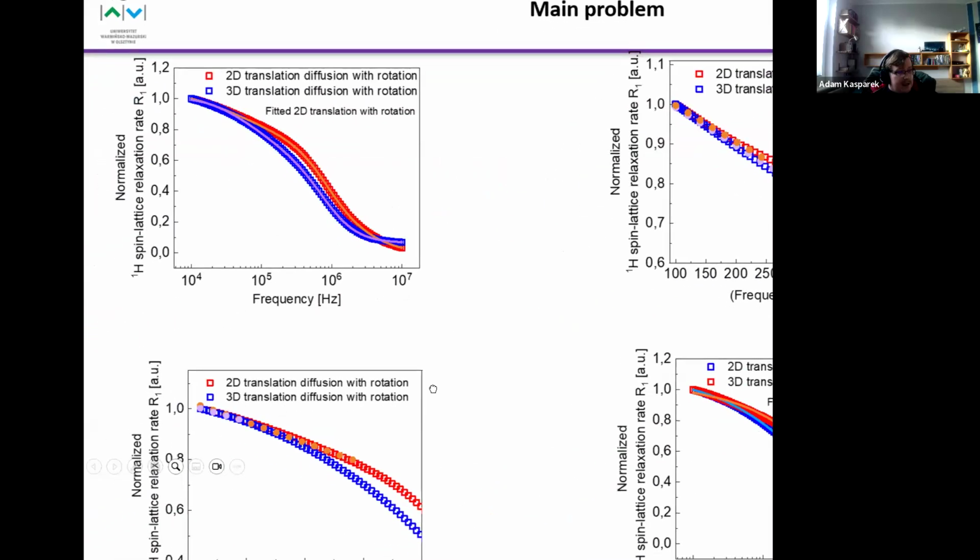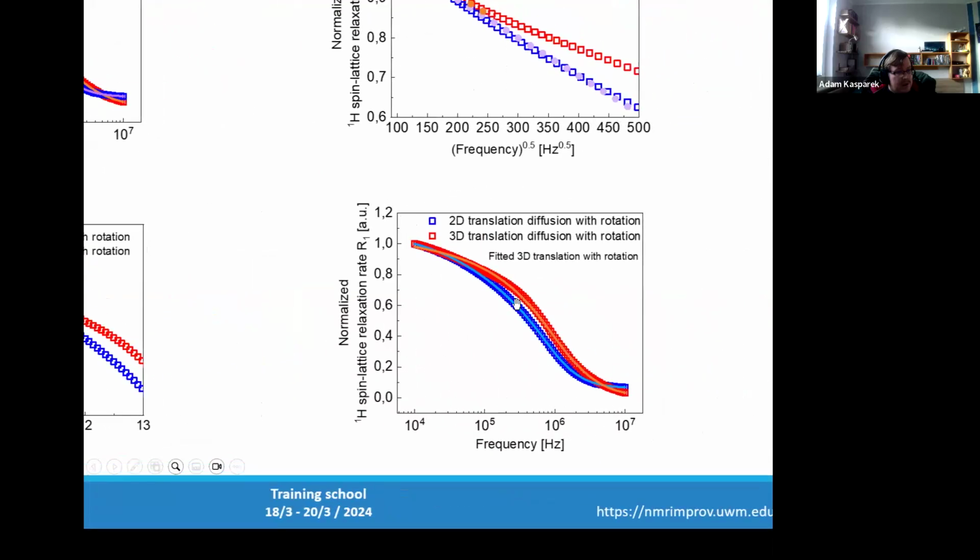And frankly, if we fit 3D translation with rotation to both sets of data, while it is not exactly as good as the previous one, we can also fit it very well.